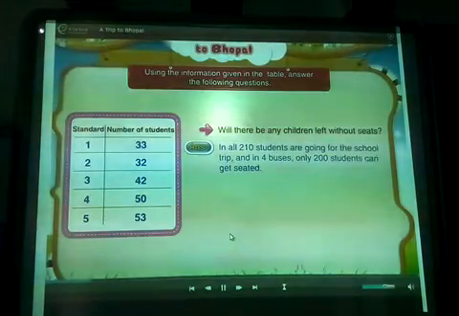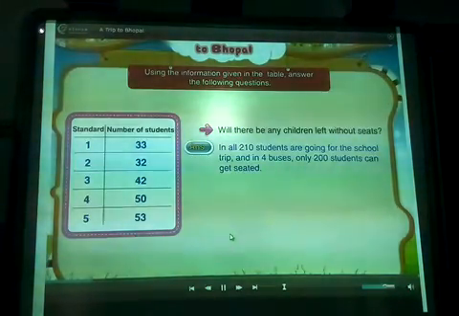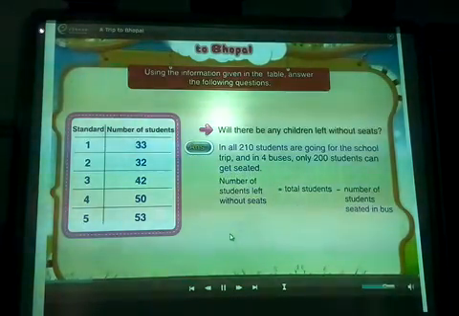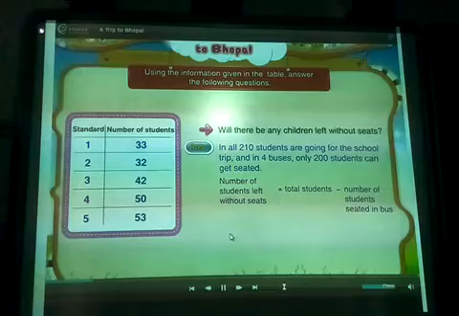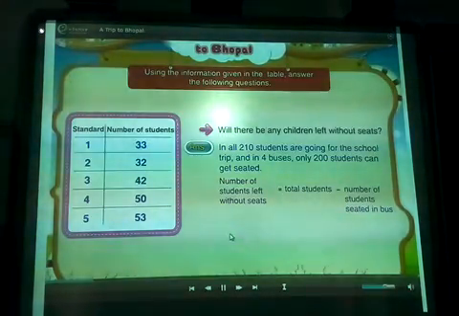In all, 210 students are going for the school trip, and in 4 buses, only 200 students can get seated. So, the number of students left without seats is equal to total students minus the number of students seated in the bus.